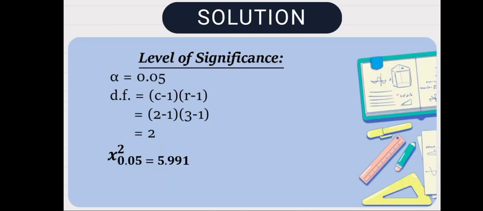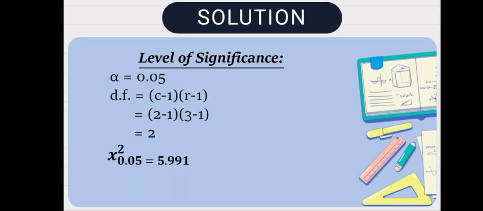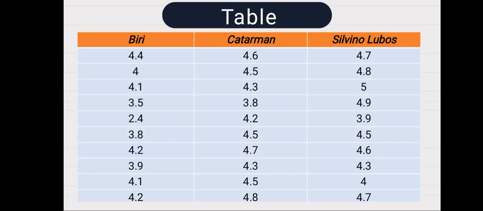So, statistic median test for k independent sample. So, nganong nag-plus man ang mga side, nganong mga nag-minus man na. So, nag-base ta diri sa ilang mean. So, pila ang ilang mean dira. So, 4.3 ang mean nila diri.